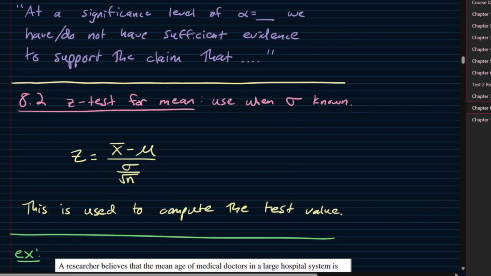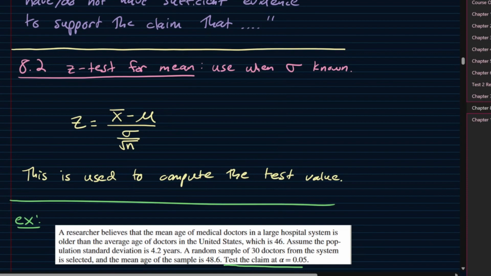Okay, and so same thing. When we know sigma, we've got to use this formula for z and use the z tables. We're essentially just formalizing everything we did in the last chapter. So we're not learning new formulas. We're just learning a new way of presenting the data, essentially.